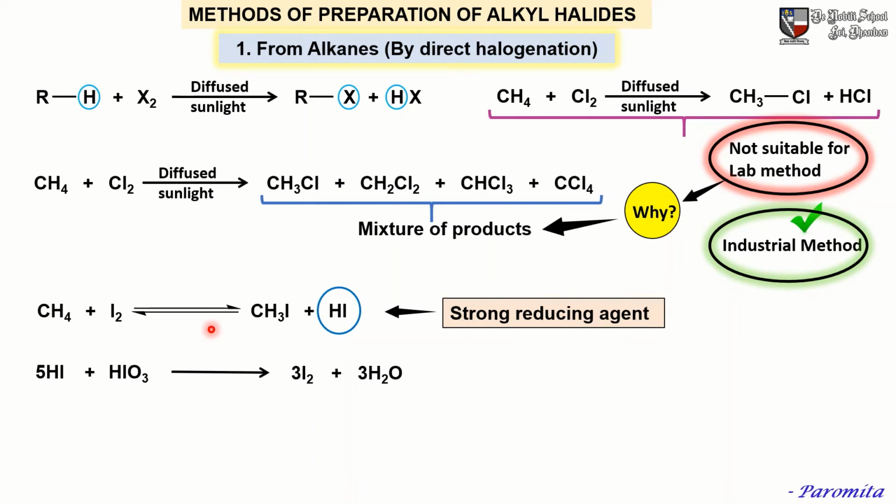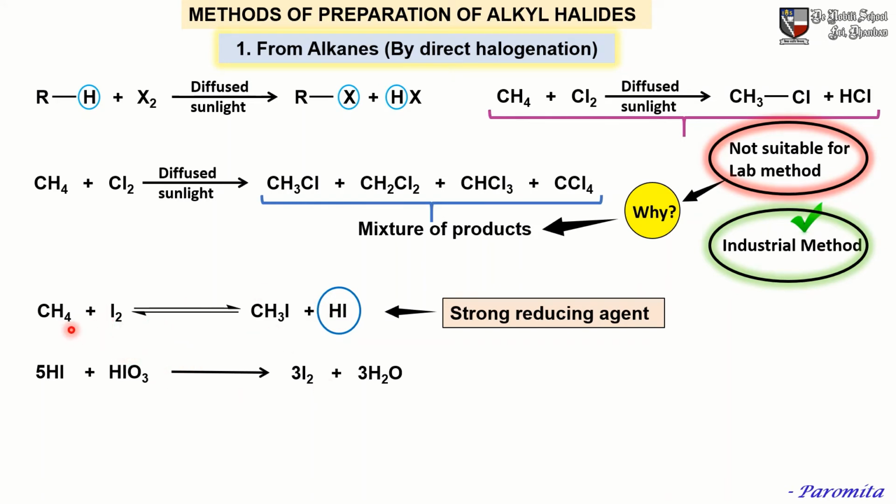However, the equilibrium can be shifted in the forward direction by using an oxidizing agent like concentrated nitric acid, HIO3 or HIO4. Now this oxidizing agent, for example HIO3, oxidizes the HI into iodine.